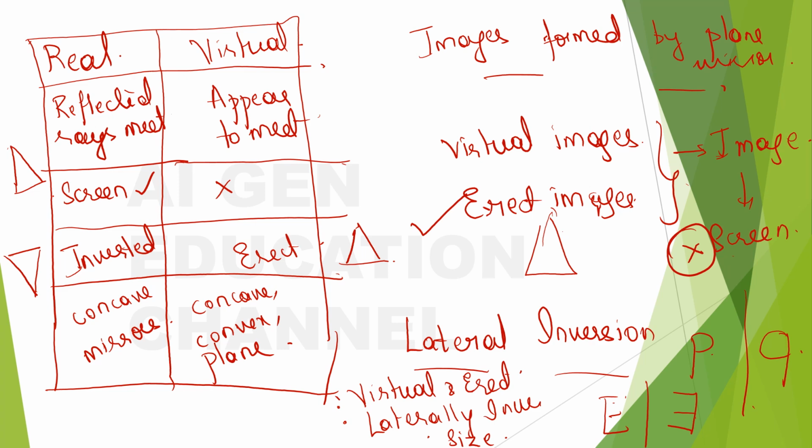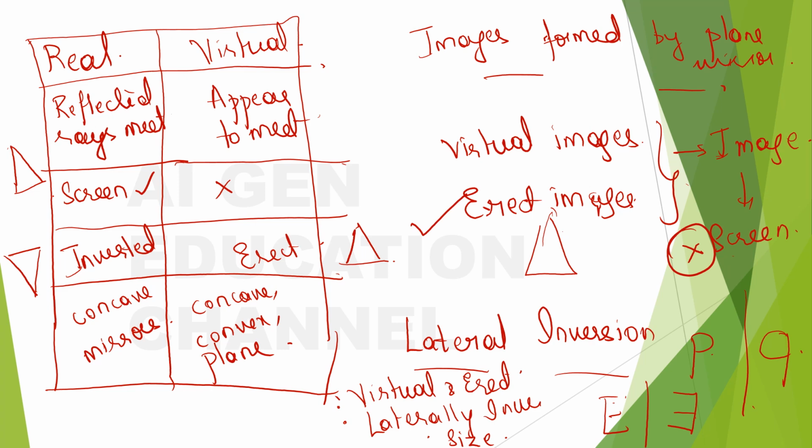And here the one thing that you will have to remember is that the image formed by a plane mirror is virtual. And even that is easy. It is because I have mentioned that the real image will be formed only by the concave mirrors. So for the rest of the mirrors, you can happily say it is virtual. Here the real image is formed only in concave mirrors, but it doesn't mean that concave mirrors won't show a virtual image.